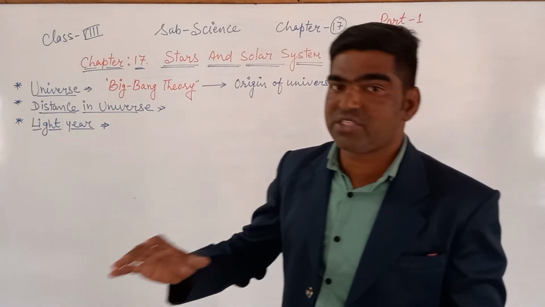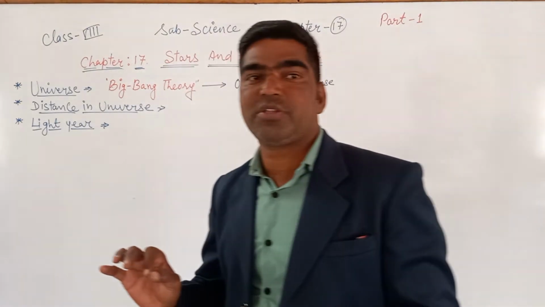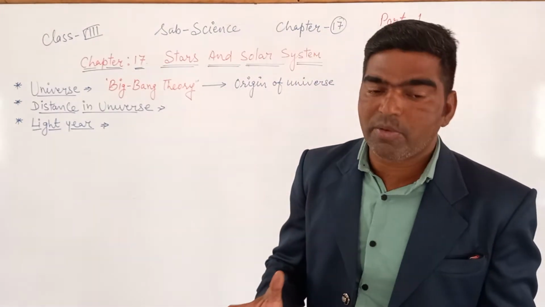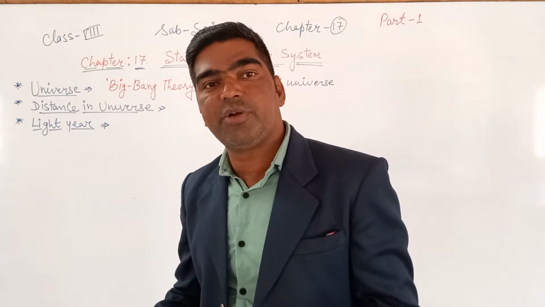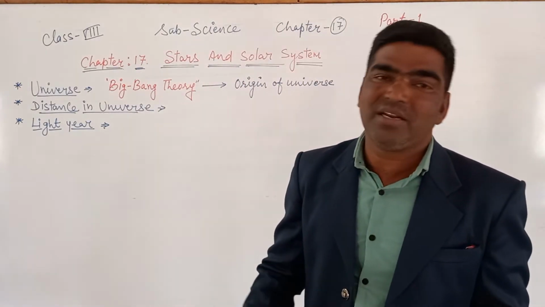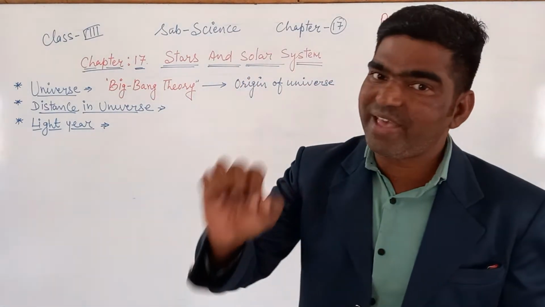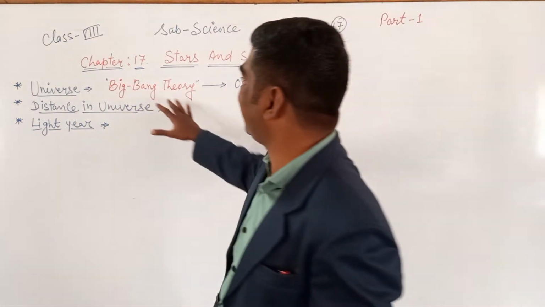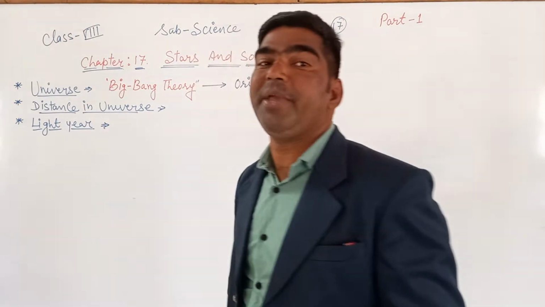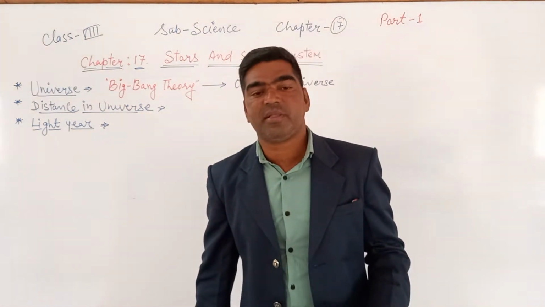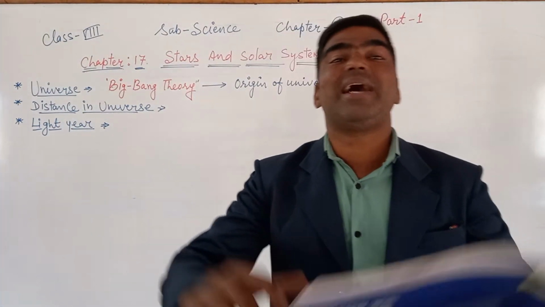First we discuss the universe, what it is and how it originated. Generally the universe originated by a very famous theory called the Big Bang theory. Big Bang theory means a large explosion.